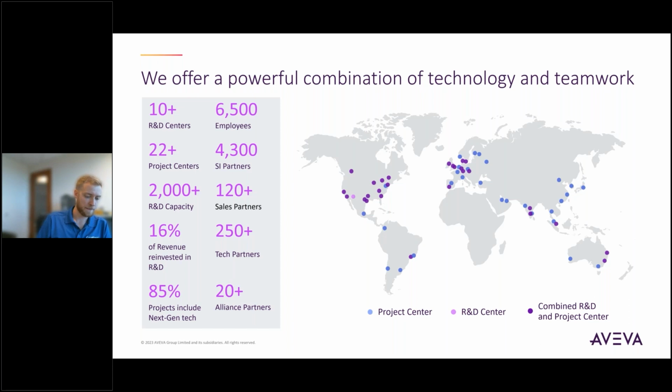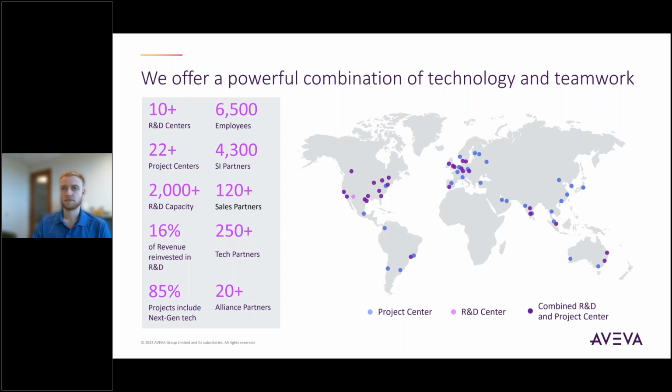Sure. As a lot of you probably know, AVEVA is a global technology company. We have a number of R&D centers around the world. We've got over 6,000 employees, and we're growing as we speak. We've got a number of SI partners, and also an R&D capacity of over 2,000 people.